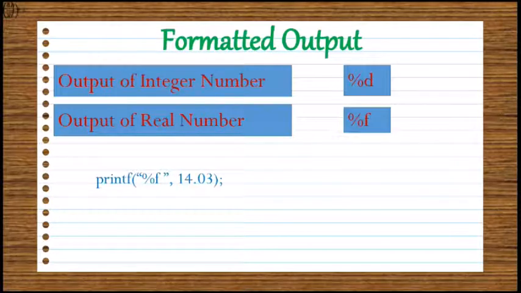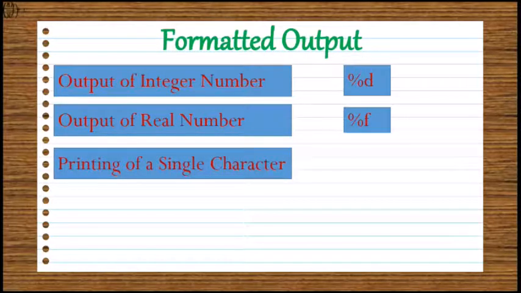So while outputting this, the value which will print will be 14.03. Another example, printf %f, then average. So value stored in average will be replaced by %f symbol while outputting the statement.